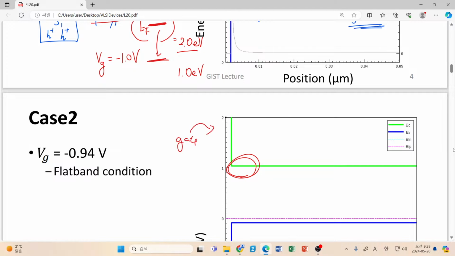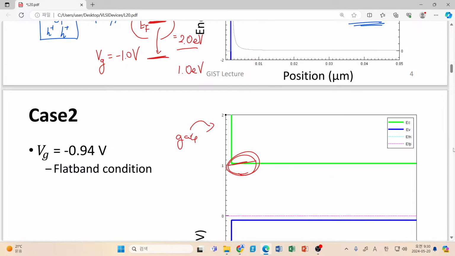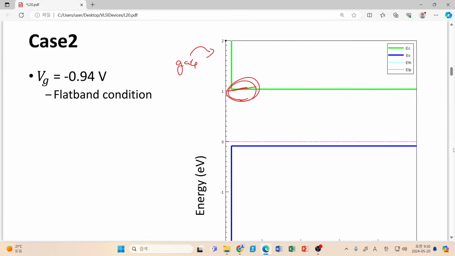The gate part just pulled this band upward, but now since that amount is reduced, we have a flat band. We have already studied the case of a flat band, and in this case we have a completely flat band. The question is, please think once again about the charge density.